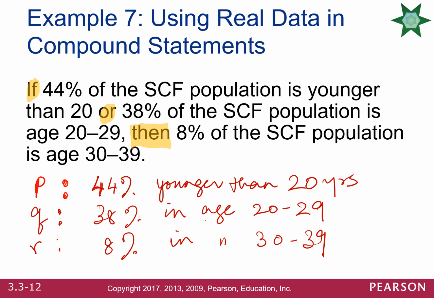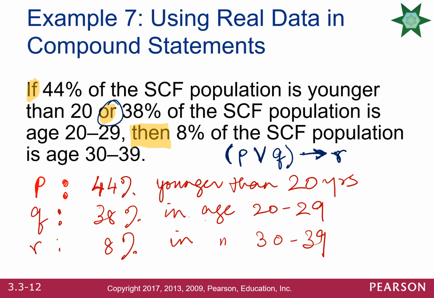Let me pull up a pen here, a different color maybe. All right, so we are going to write it as P, or remember what the symbol for or is. Or is V, right? So P or Q, and then the conditional statement followed by R. So that's how the statement in symbolic form is going to look like.